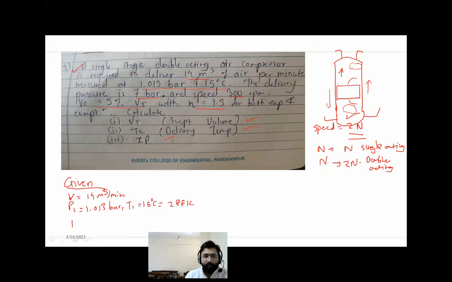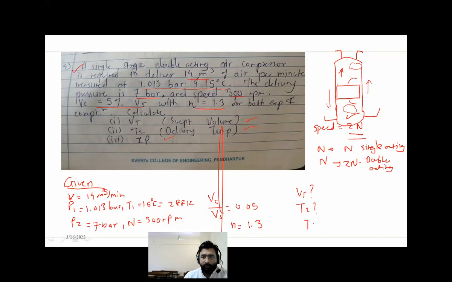Delivery pressure P2 is 7 bar, and N is 300 RPM. VC is 5% of VS, or VC by VS is 0.05, and the index for expansion or compression is 1.3. Here we have to calculate VS, that is swept volume, T2, that is delivery temperature, and IP, that is indicated power.